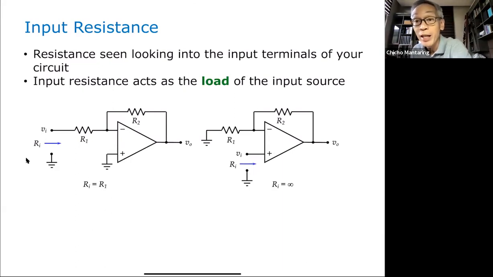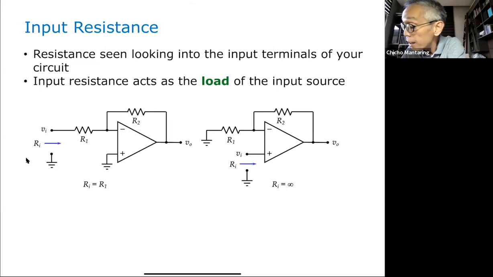One way is to put a test voltage and then determine what current will flow. If I put a test voltage here, let's say 1 volt, what current will flow through that 1 volt source? It will be 1 volt over R1. And therefore, the input resistance is the test voltage divided by the current that it draws, and you're just going to get R1.